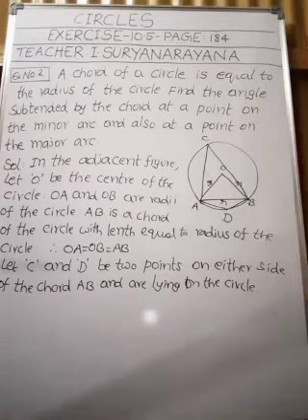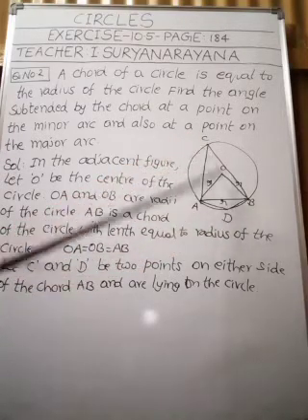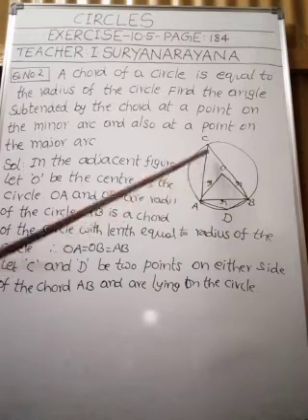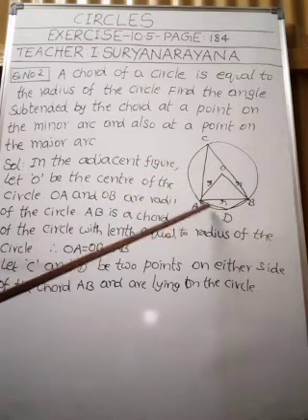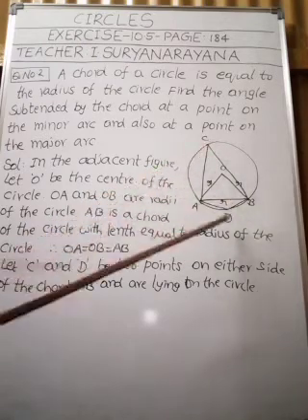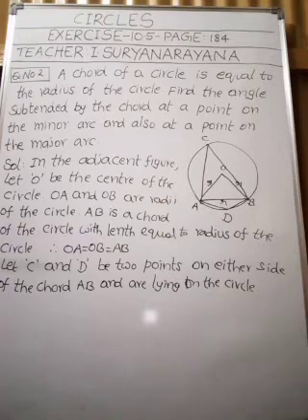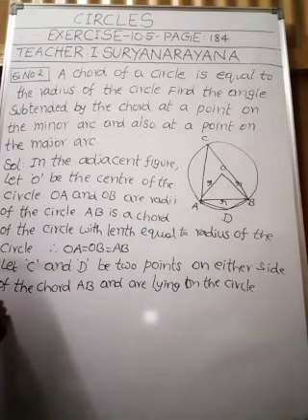Okay, my dear children. These are the 2 points we have taken on either side of this chord. This is above and this is below the chord AB. And these 2 points are lying on the circle. Understood this point, my dear children? Right. Now construction.